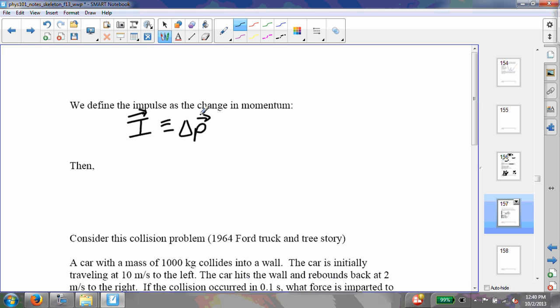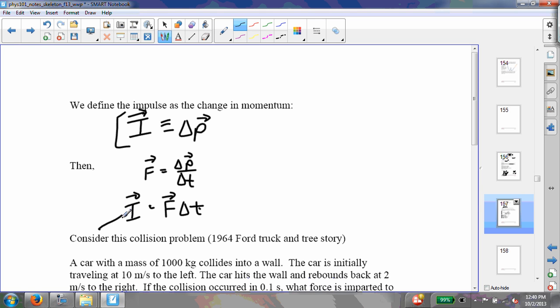So then, if we go back to what we had before, which was that F equals delta p over delta t, then our impulse, which is just our change in momentum, equals F times delta t.